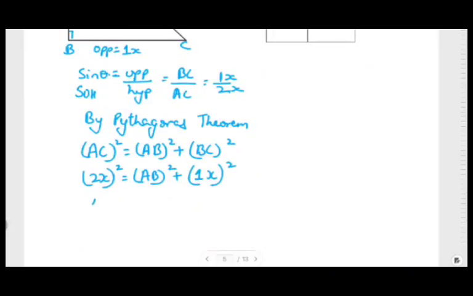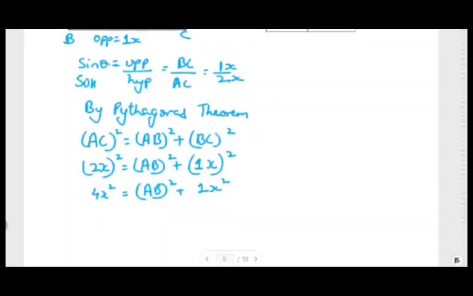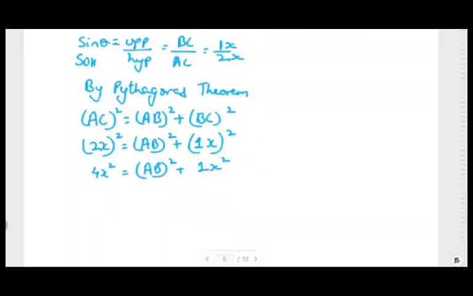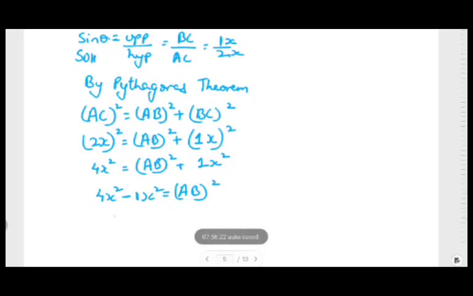Correct? So this is 4x square is equal to... see, when numbers are small, children, you can simply square them. That's not a problem. But when numbers are big, you multiply them and then it becomes difficult. Instead, use an identity in such cases. So 4x square minus 1x square, as it is changed sides. This becomes 3x square, which is equal to AB the whole square.